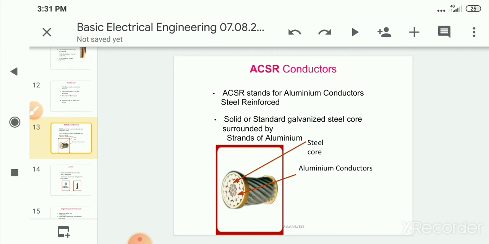Nowadays, all overhead transmission lines are made of ACSR conductors for transmission and distribution of power. Steel reinforcement is done due to what? To increase the tensile strength of aluminum.